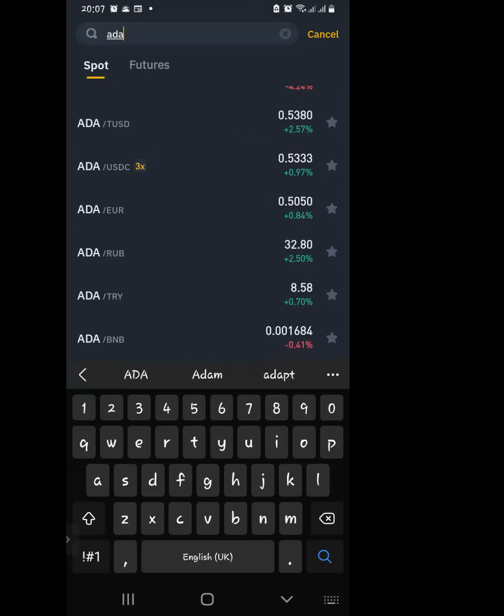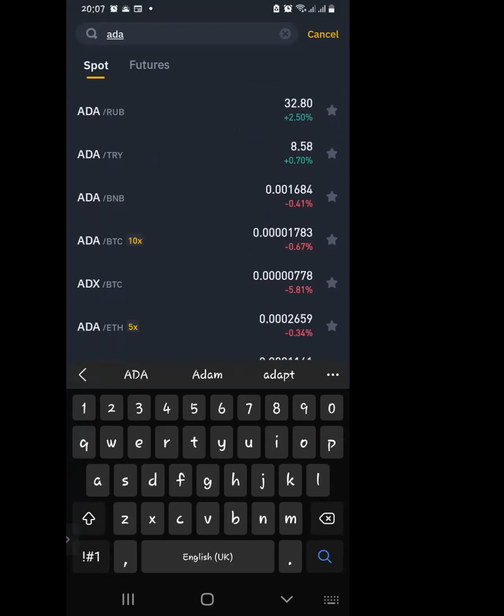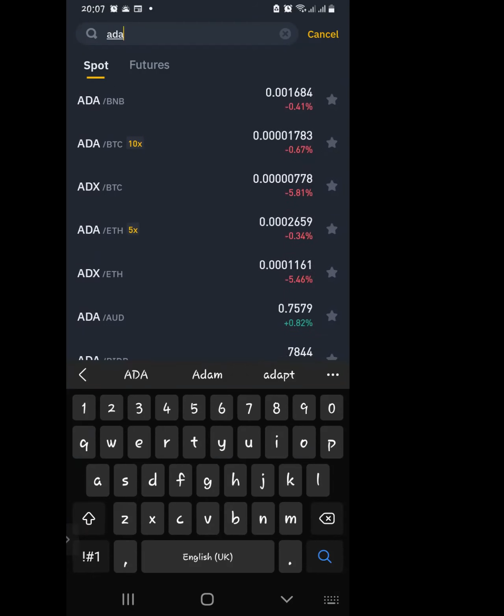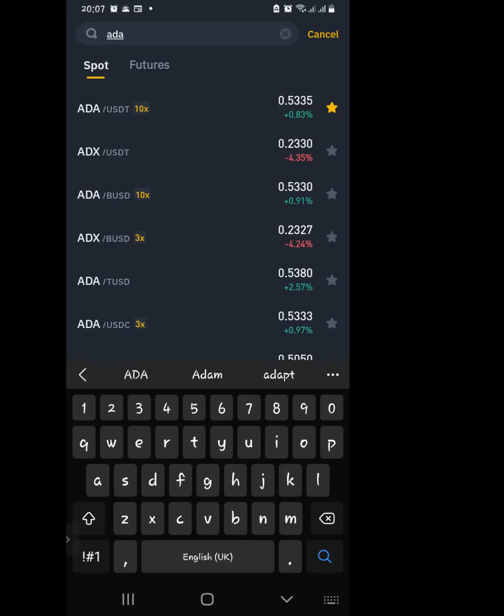These are all coins that you can trade ADA against: ADA/BNB, ADA/BTC, ADA/Ethereum. Any of those you can see there, you can use to buy ADA, and you can sell ADA to any of them. That's what the trading pairs are.